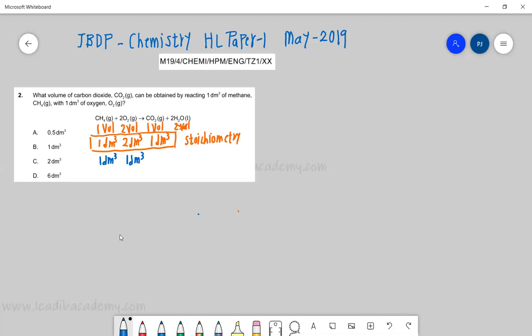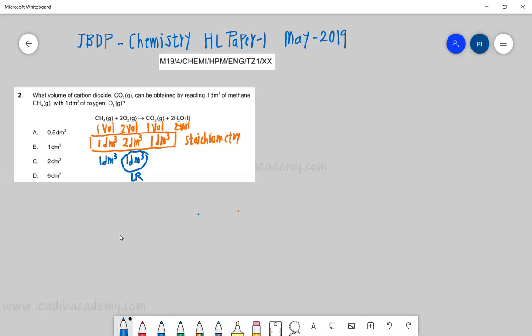Clearly oxygen is in the smaller quantity, because what was required was 2 dm cube, but available is only 1 dm cube. That means oxygen is the limiting reagent. Simple. The concept is that the limiting reagent is going to decide how much will be reacting with the methane.